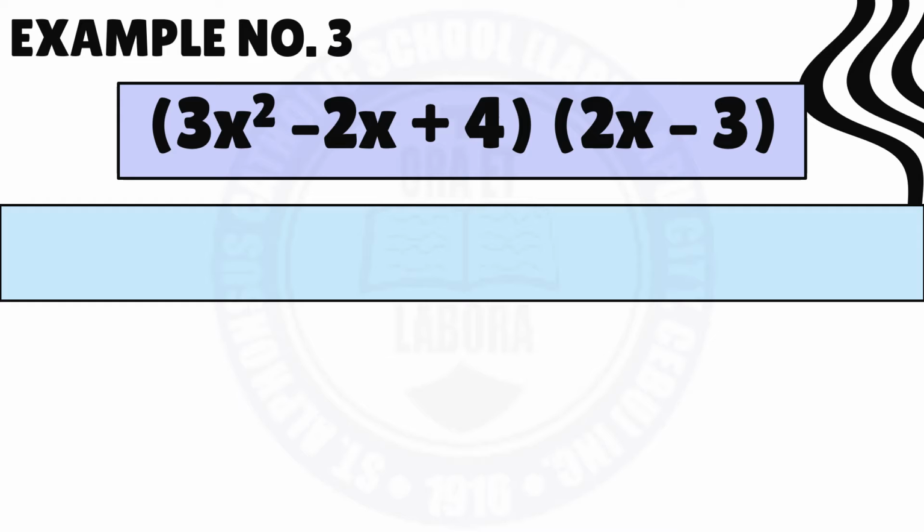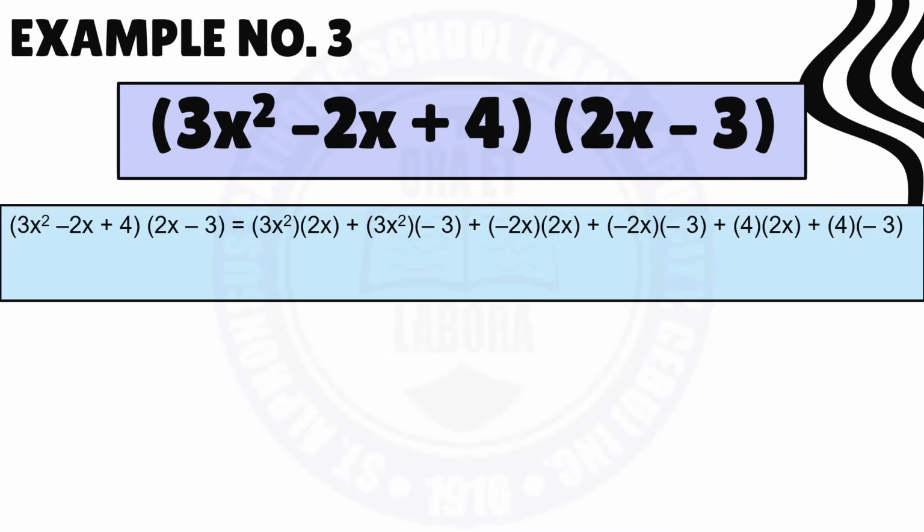Third example, the quantity of 3x squared minus 2x plus 4 times the quantity of 2x minus 3. So in this case, we will be distributing each term of our first factor to each term also in our second factor.